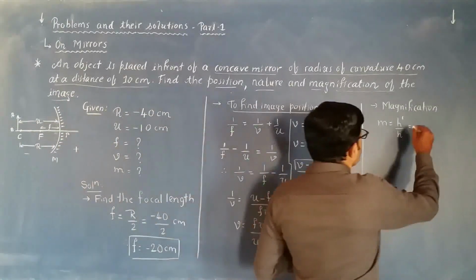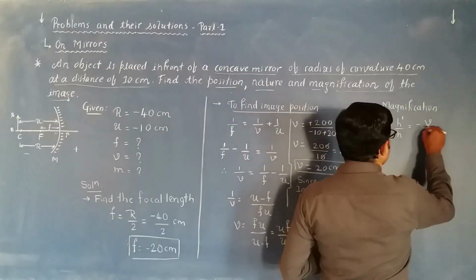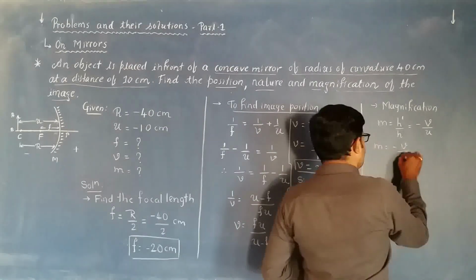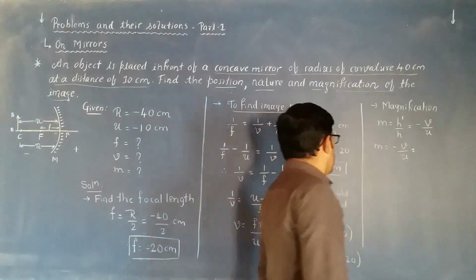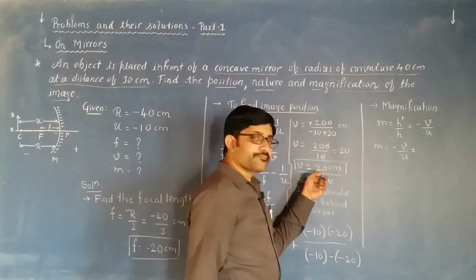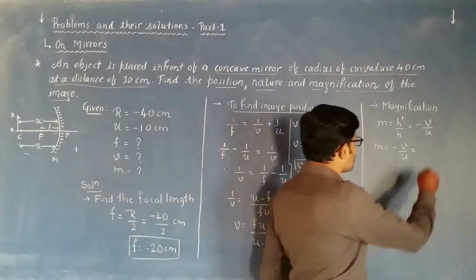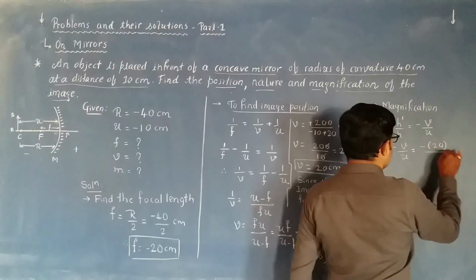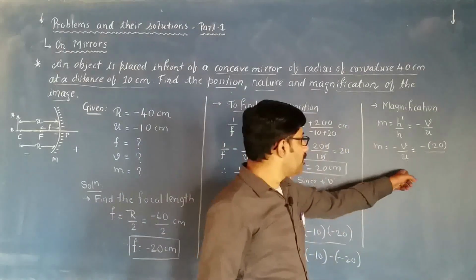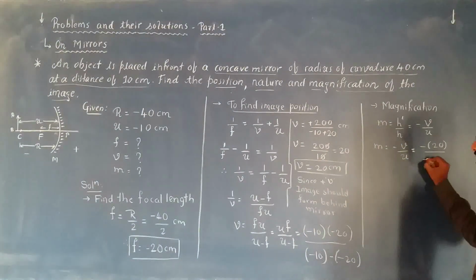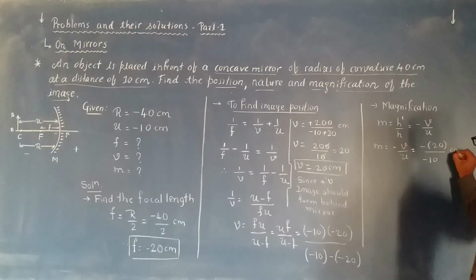Therefore you can write m is equal to minus v by u. v we got in the previous step, that is plus 20. So minus v by u, therefore minus 20 divided by minus 10.